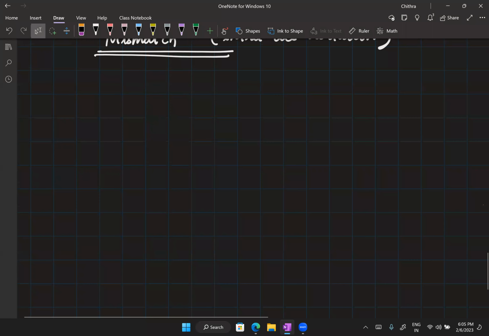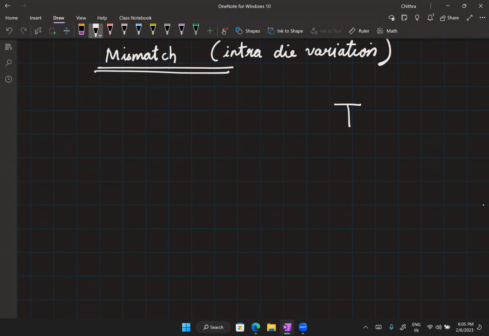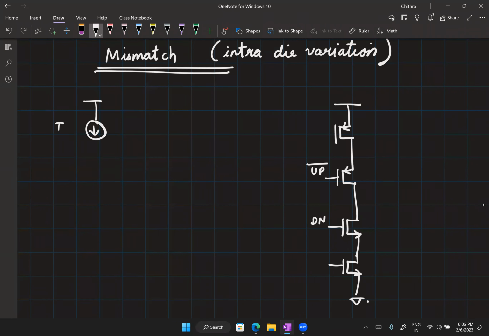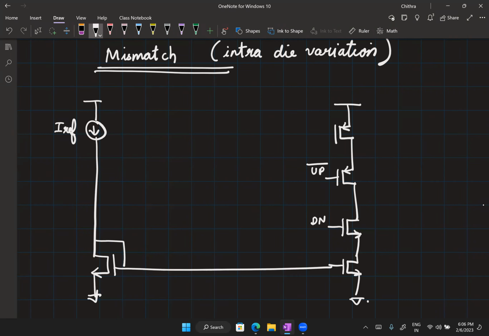So let me quickly sketch out the drain switched charge pump circuit. We have a reference current. This gives us VBN.